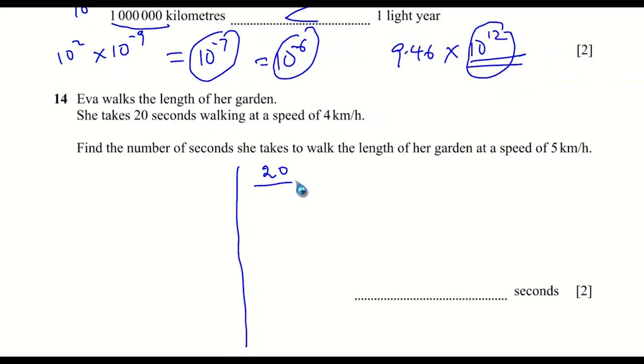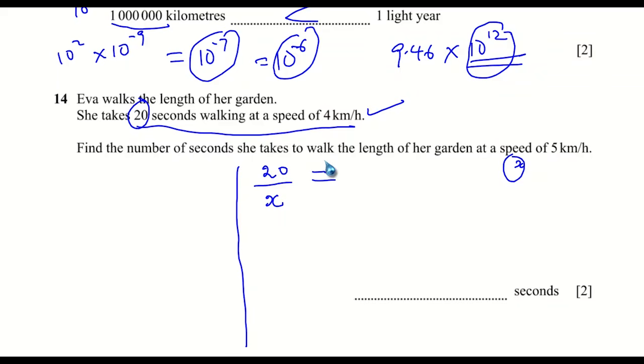I want to take the proportion, then the seconds for the 5 kilometers per hour, I'm going to put x here, equals, I started with this, that is from the 4 kilometers information, 20 over the time for the 5 kilometers per hour, which is x.